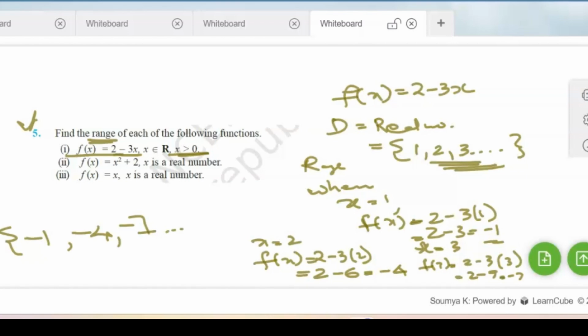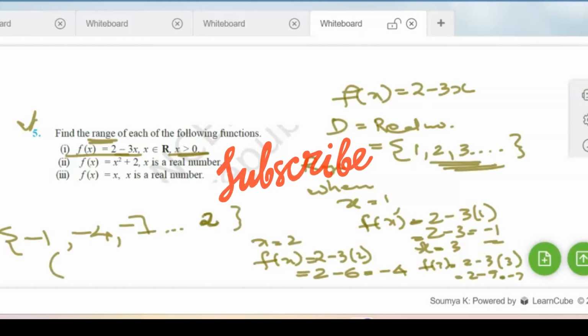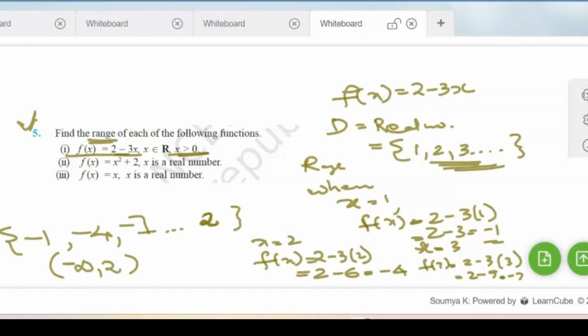So in that case, you will get the solution as 2. So the maximum value that is possible is 2. Okay, so that is the range. And when you write those combinations of range, you can write it as minus infinity till 2. So that is the solution for your first question. Similarly, you have to do the second and the third one.